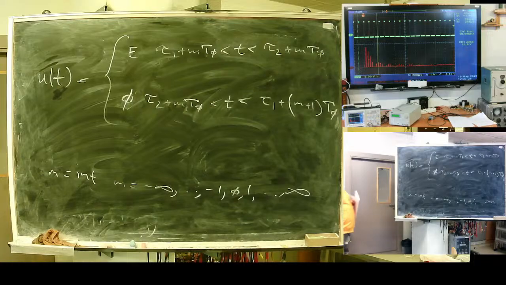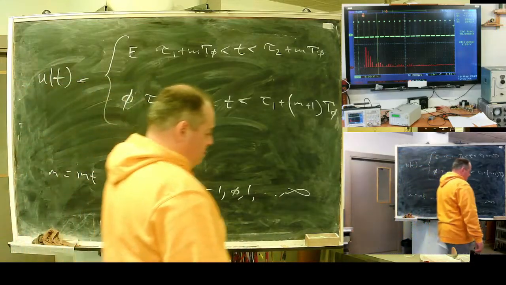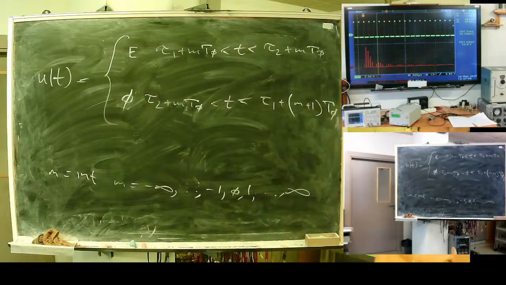Okay, I need to decompose it into a Fourier series to understand the spectrum of the carrier. And here I will see a small problem. If I use the classical sine-cosine orthogonal system, it will be too complex.